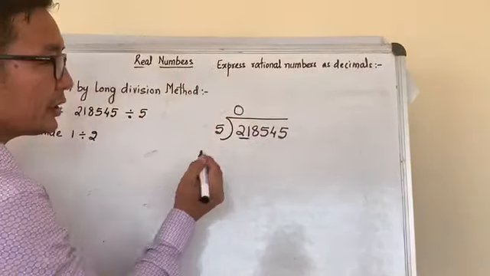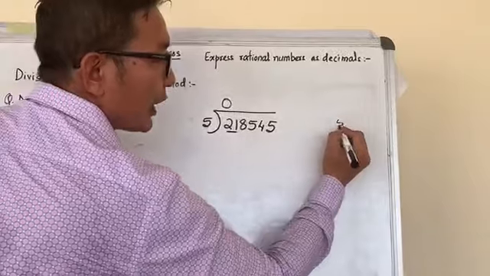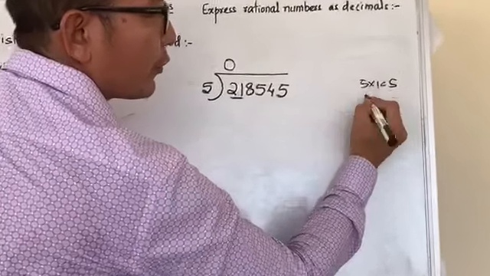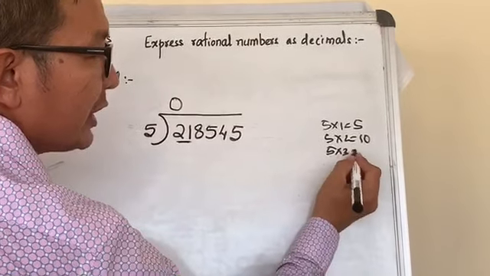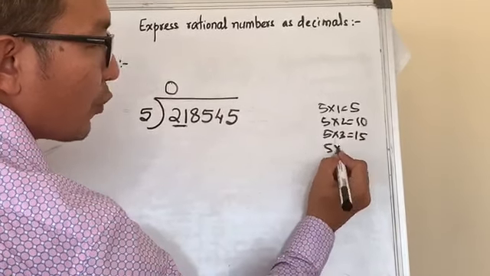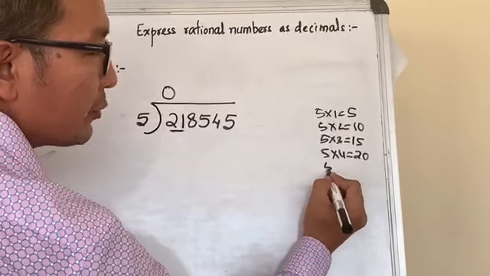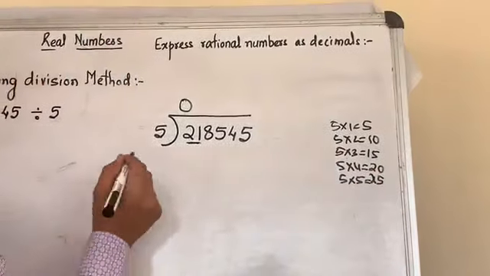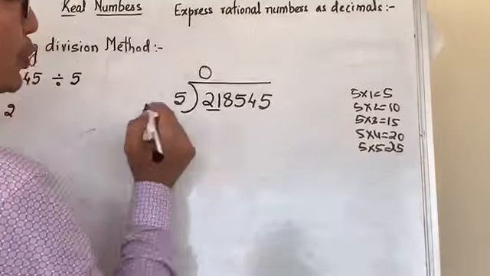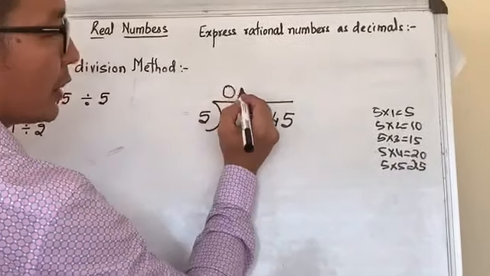So 5 goes into 21. 5 times 3, 5 times 4, 5 times 5. 5 times 4 is 20, which is almost 21.